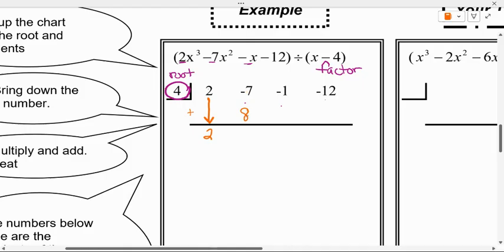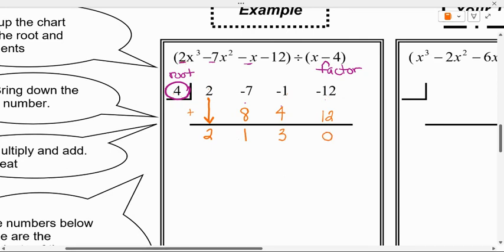Negative 7 and positive 8 gives me 1. What is 4 times 1? It's 4. Negative 1 plus 4 is 3. What is 4 times 3? It's 12. A negative 12 and a positive 12 is 0.